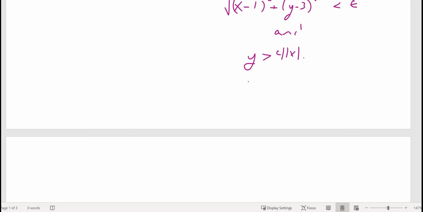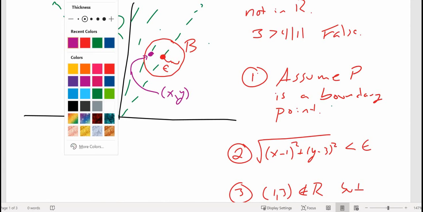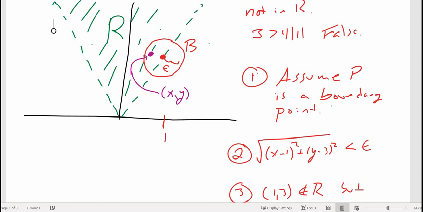So what we're going to look at then is just y is greater than 4x. But that's because I know the x coordinate is really close to 1, which is a positive number, and the y coordinate here is at 3.